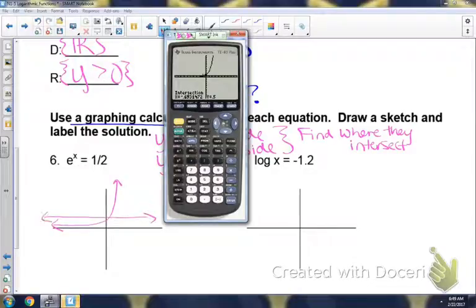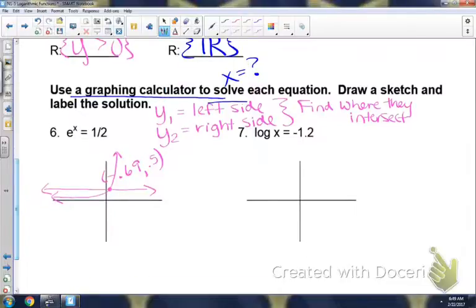So you're finding the intersection point, which is negative 0.69. We'll round to 2 decimal places, 0.5. Okay, so you're solving it. We already knew that y was going to be 1/2 because we typed it in y2. So you're just finding x. X equals negative 0.69.